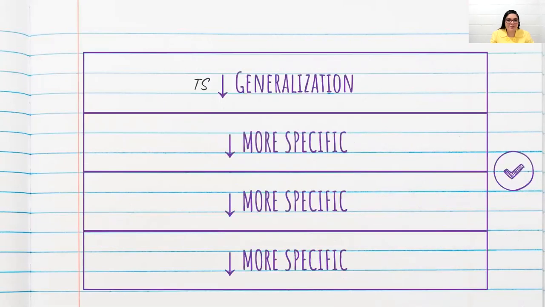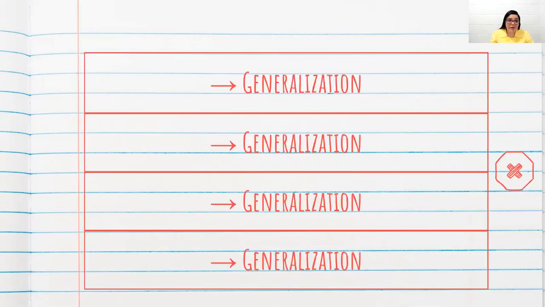Take as an example that you will have, for example, a topic sentence that is general, and then you will write things that are more specific and more specific and more specific. The opposite will just create a very poor paragraph that seems out of focus, too general, too broad, and that didn't really discuss anything.